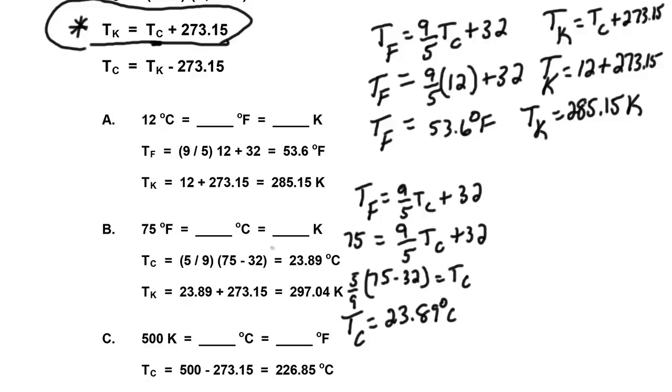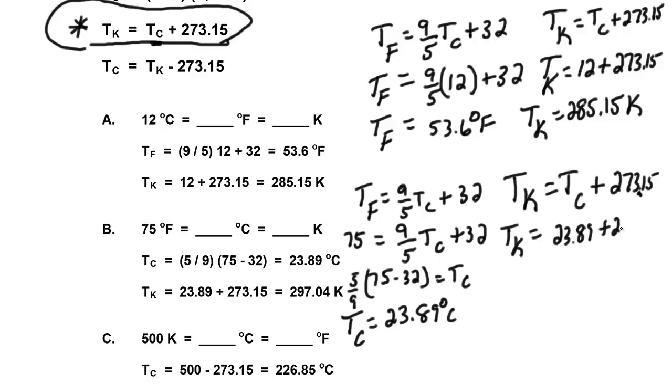So now we have to get to the temperature in Kelvin. And the temperature in Kelvin is the temperature in Celsius plus 273.15. So the temperature in Kelvin then is the temperature in Celsius, which we just calculated to be 23.89, plus 273.15.